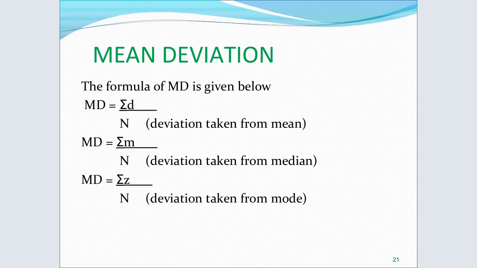We subtract the mean, 3. Then the next value was 3. We take 3, we subtract our mean of 3. Then our next value, that was 4, you subtract 3 because 3 is our mean. Then we add the next value that was 5, subtract 3.